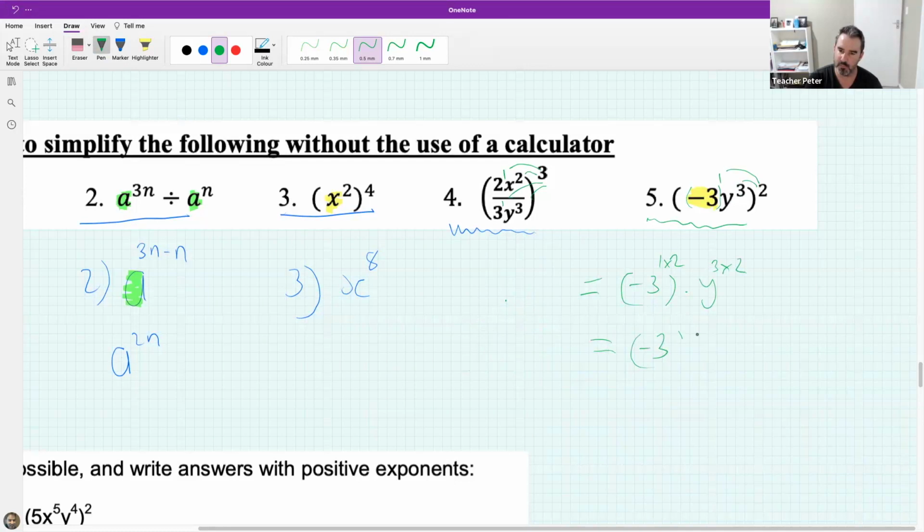So then I end up with y, so now 3 times 2 is 6. What is minus 3 to the power of 2 going to end up being? Yeah, and this is what's going to catch students. It's that fact that a negative times a negative is a positive, and I get 9y to the 6.